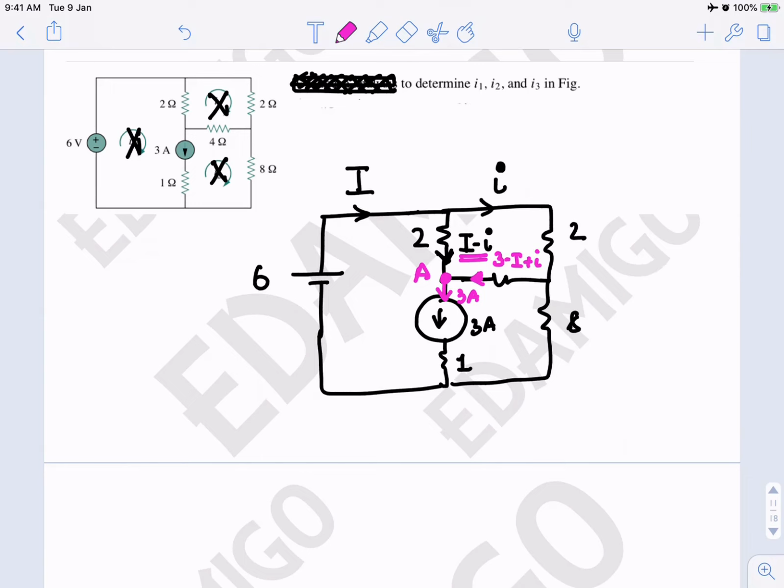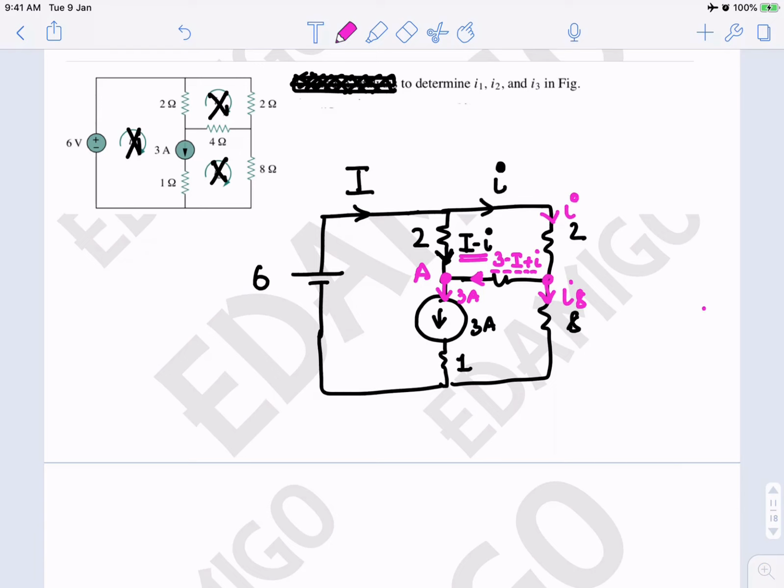Now, small I current is coming here, and 3 minus capital I plus small I is going here. So we can say that the current that will go in this 8 ohm resistance is I8.